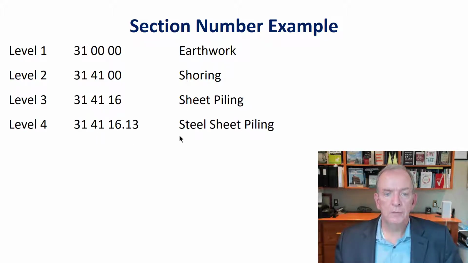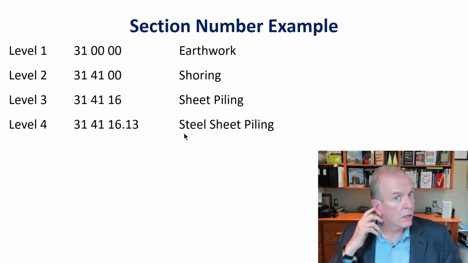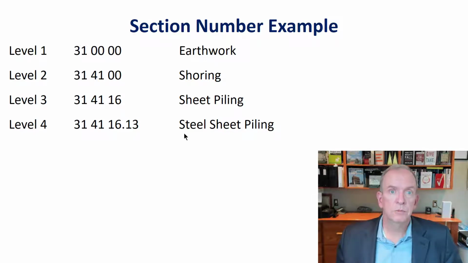And if we're talking about steel sheet piling, sometimes used as a retaining wall, maybe for a dock or similar, to stop the movement of soil, you might have 31, 41, 16.13. It's just detailing it out, and these go in pairs, and that would be your level 4 if it's being specific on steel sheet piling.